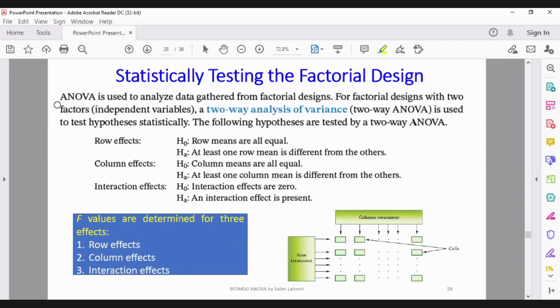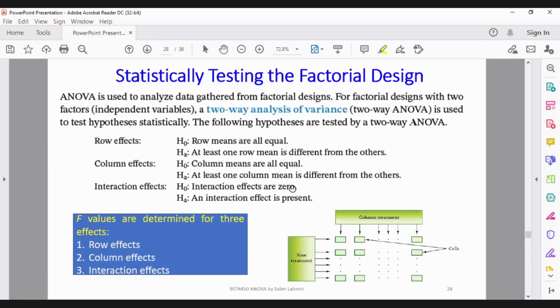ANOVA is used to analyze data obtained from factorial design. For a factorial design with two factors, or two independent variables, two-way analysis of variance is used to test the null hypotheses for row effects, column effects, and interaction effects.